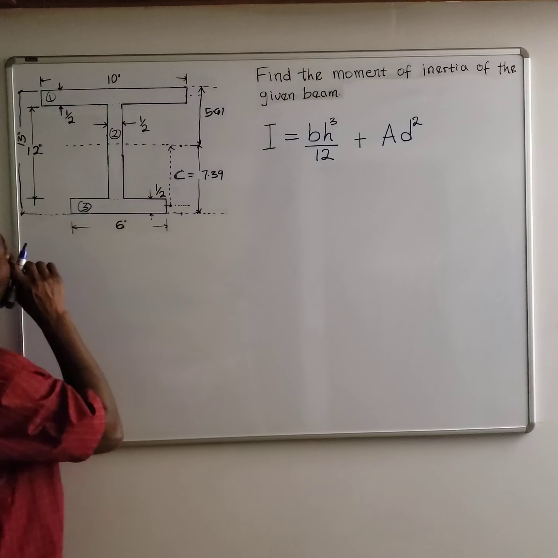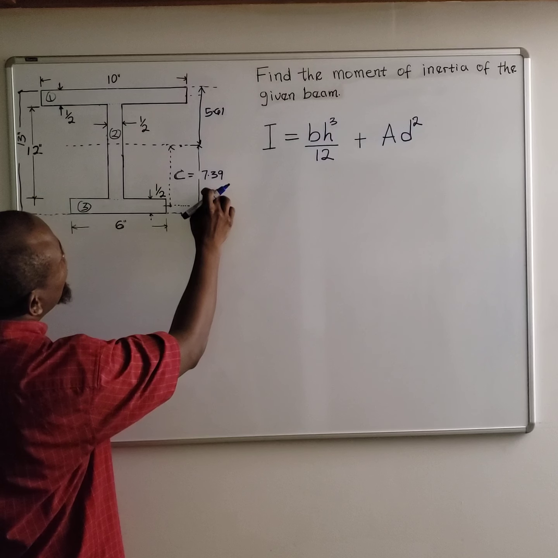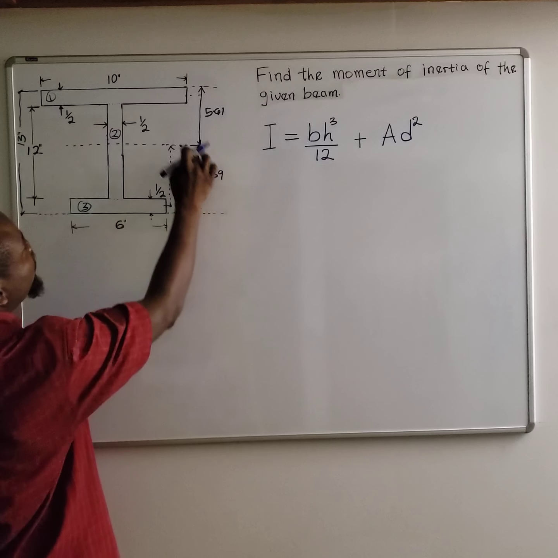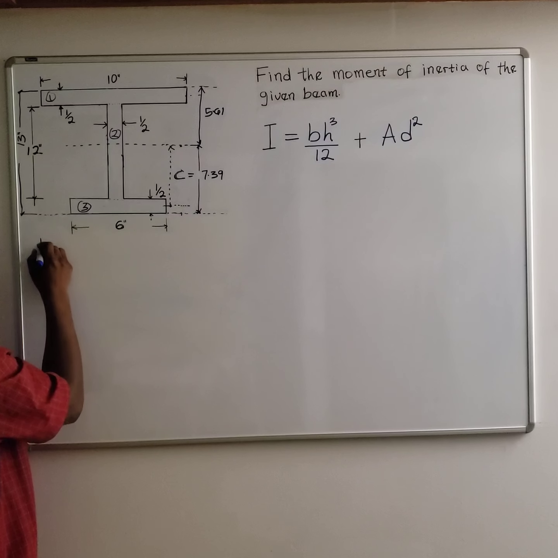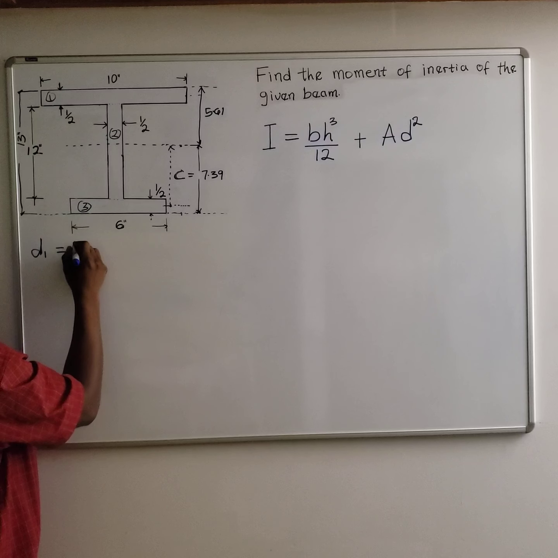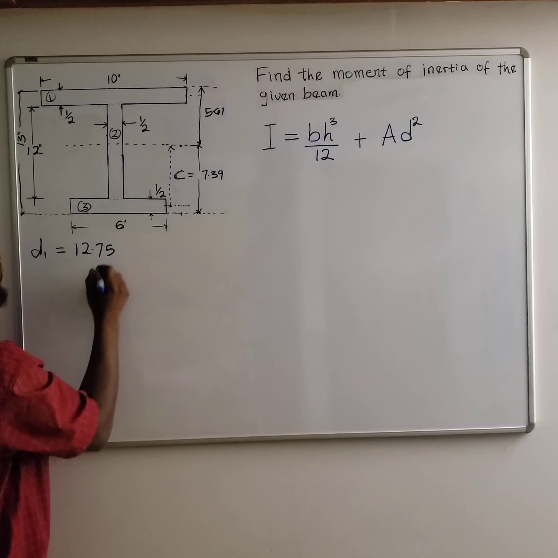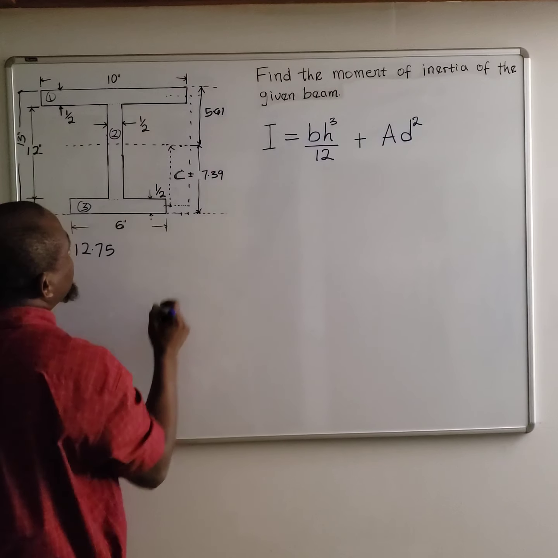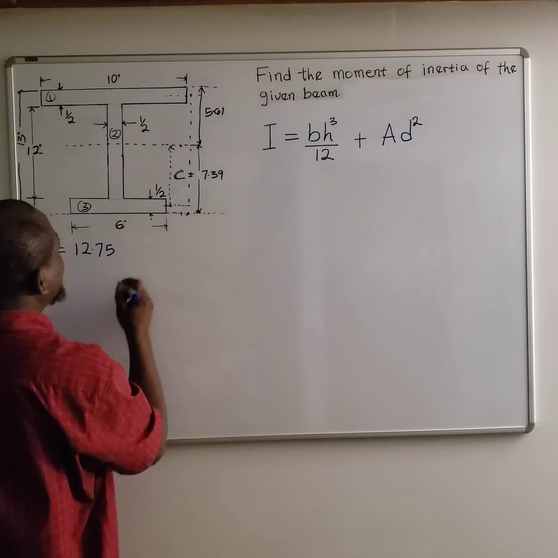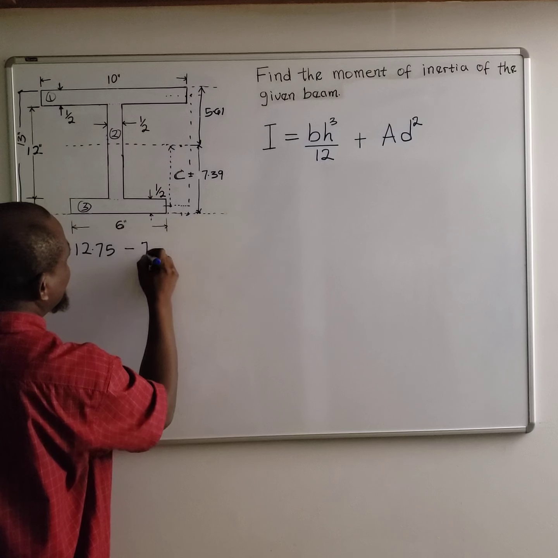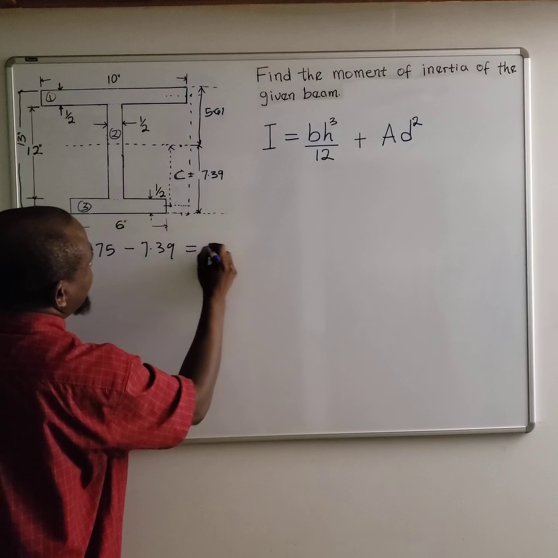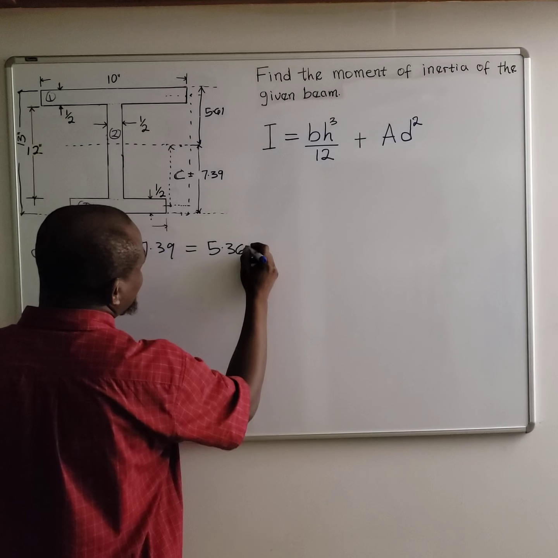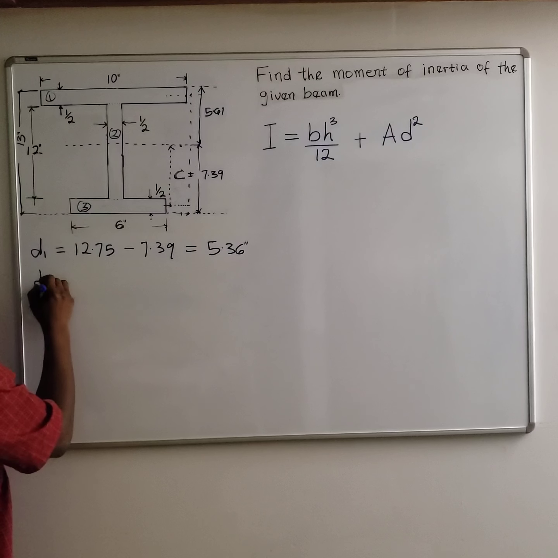Now that 12.75 is greater than this centroid, so you minus this centroid from that value. So for our D1, it will be 12.75, which is the centroid of this shape, minus this value. And that will give you 5.6 inches.